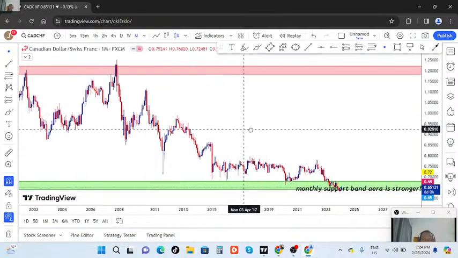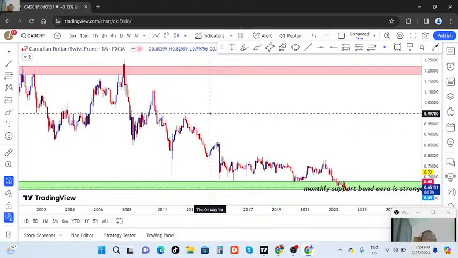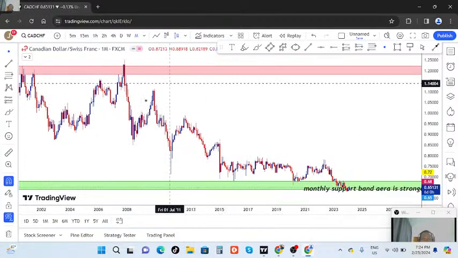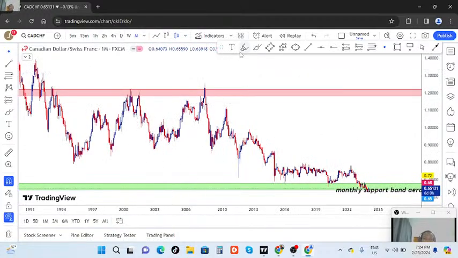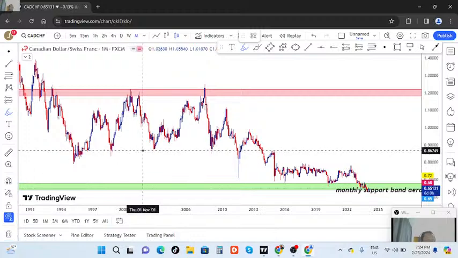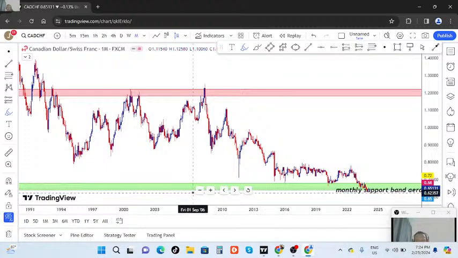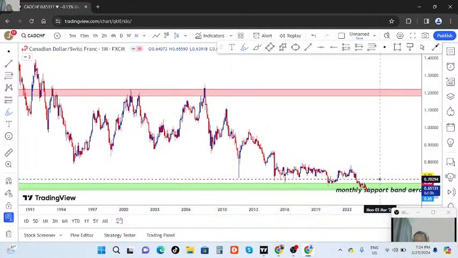In my first video I talked about the monthly support and resistance bands on the monthly chart. Right here we can see we're on the monthly, so if you are new to what I'm doing here, you can watch my first video. This is the monthly resistance band, and this is the monthly support band area.